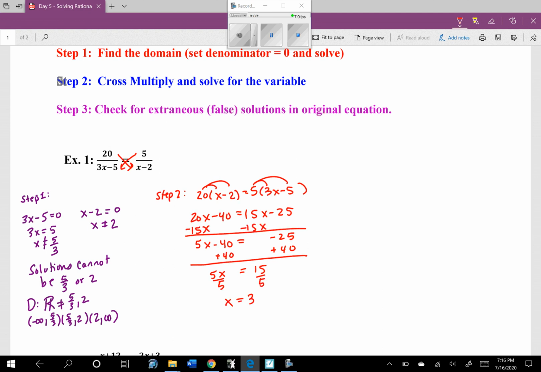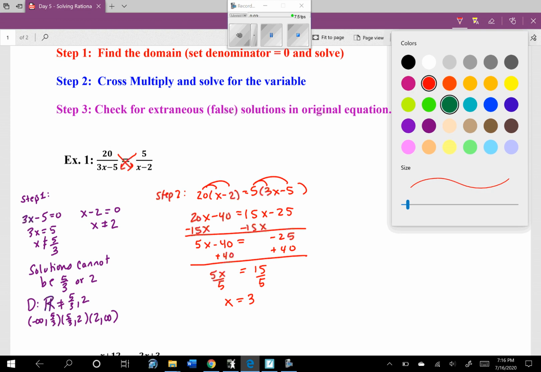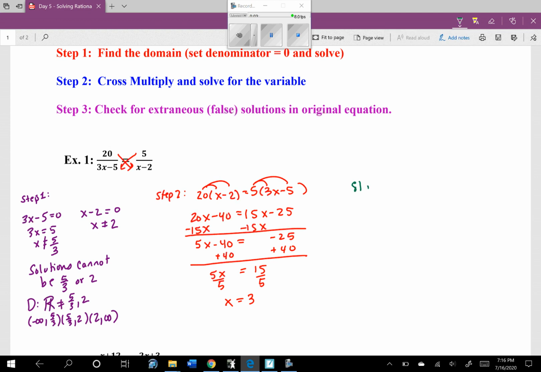So when we combine our like terms, we end up with x equals 3. But we need to first check to make sure this is not one of our restrictions on our numbers, which was 5/3 or 2, so it's not. So of course we can still go ahead and check our work by plugging our variable back into the equation. So we get 20 over 3 times 3 minus 5 should be equal to 5 over 3 minus 2.